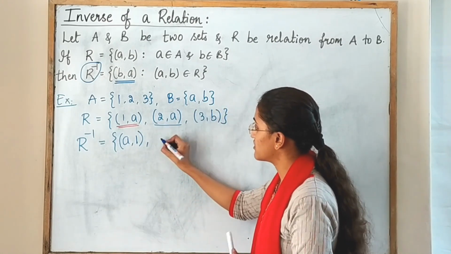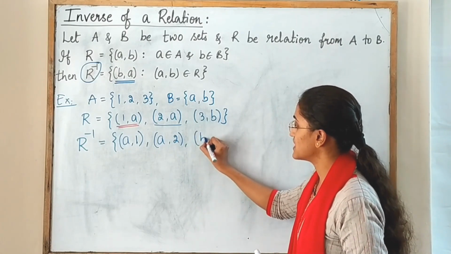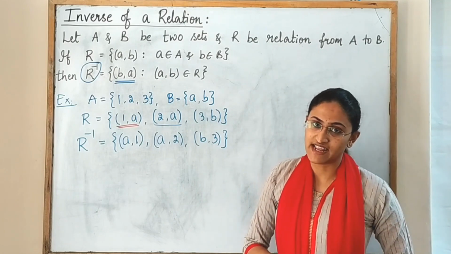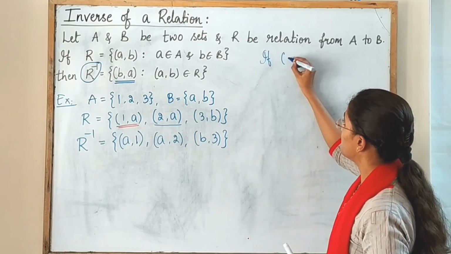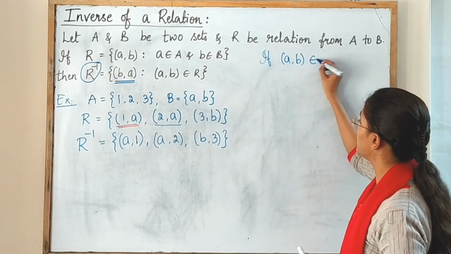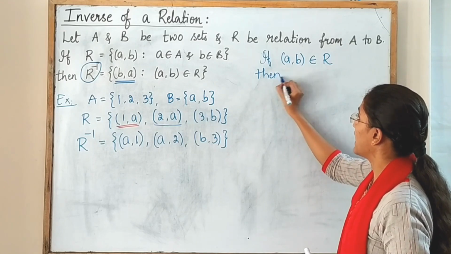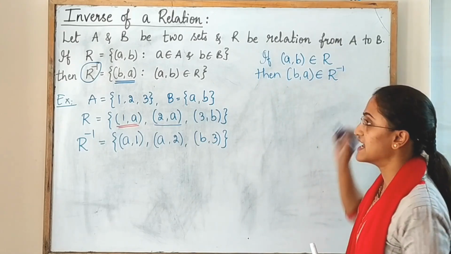Then this when reversed you get (a, 2). This when reversed you get (b, 3). This is nothing but the inverse of a relation R. And hence clearly, if an ordered pair (a, b) belongs to the relation R, then (b, a) will be an element in the relation R inverse.